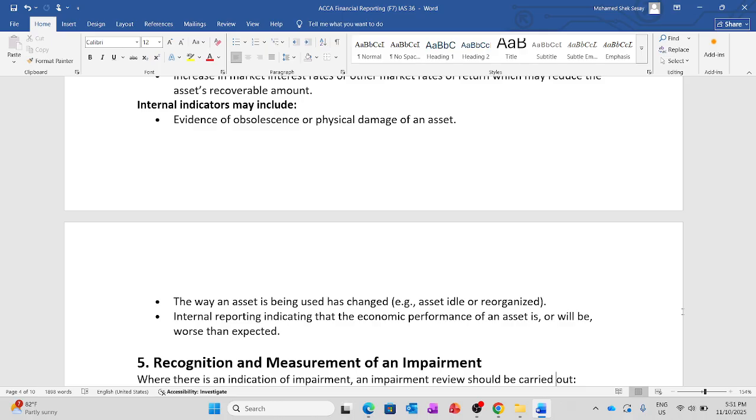So we need to do an impairment review on this particular machine so that we can reduce the value of the machine to the quantity that the machine can produce. So the economic benefit can match with the value stated in the financial statement. We need to see this linear relationship between the economic resources that we are going to receive from the utilization of the assets and the carrying value of the assets. Internal reporting indicating that the economic performance of an asset is or will be worse than expected, as I mentioned.